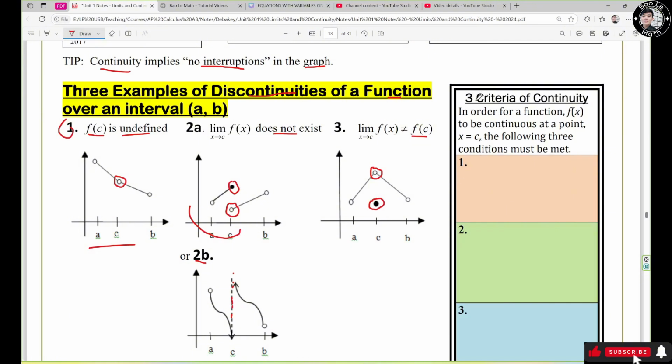Now, look at this one right here, the criteria of continuity. In order for a function f of s to be continuous at a point s equals c, the following 3 conditions must be met. The first one: f of c must be defined.